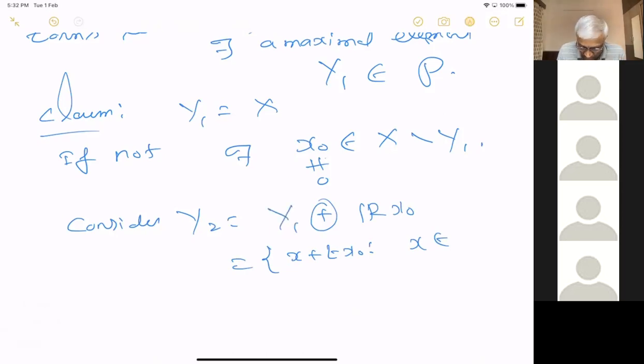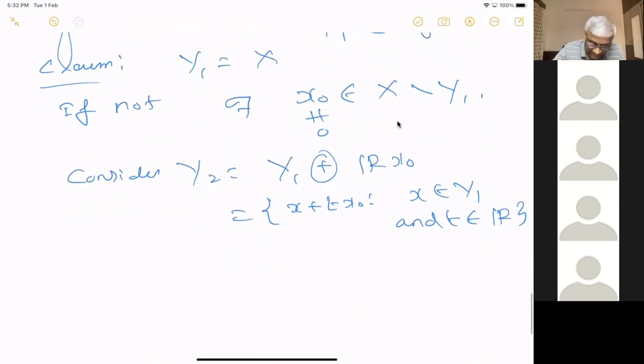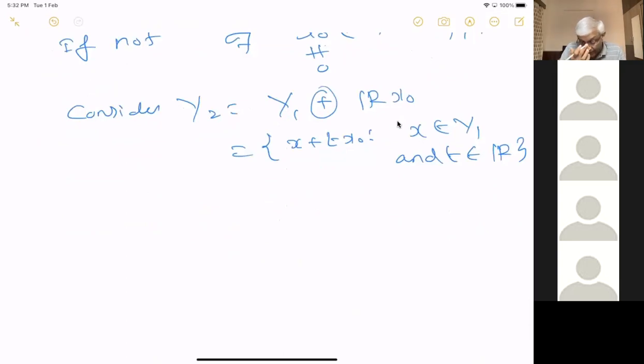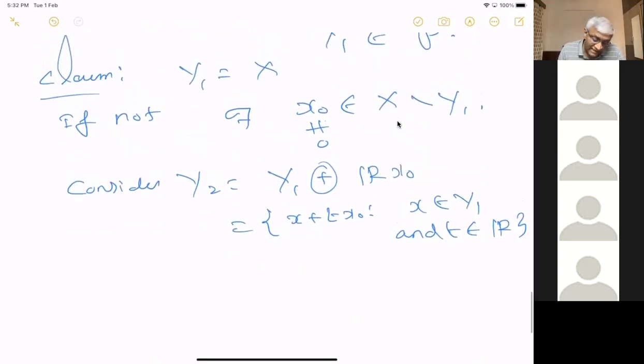Yeah, when I make mistakes, please point out. Okay, I will know that you are listening. x is in y1 and t is in R. So this is just the vector space direct sum of this y1 and the one-dimensional subspace generated by this x naught. That is this y2, and we want to extend the linear functional.